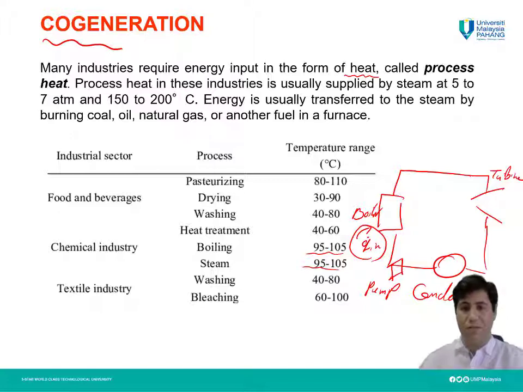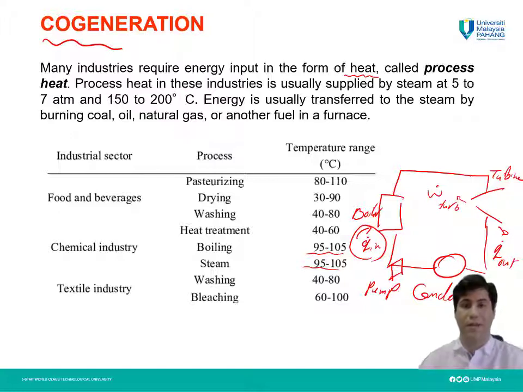But let's see what we had in this Rankine cycle. We introduced Q in here, then it goes through the turbine, then here we had Q out. For example, we introduce 100 units of thermal energy here, and we just use the produced work here.